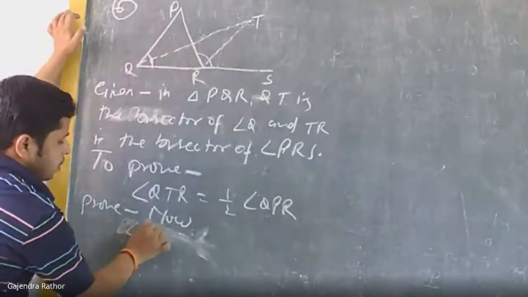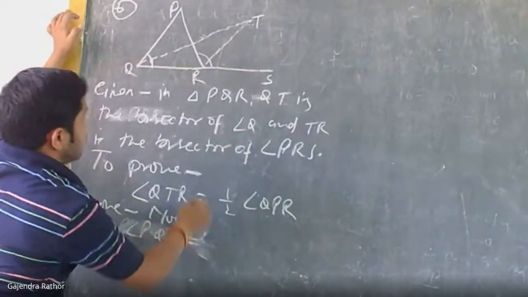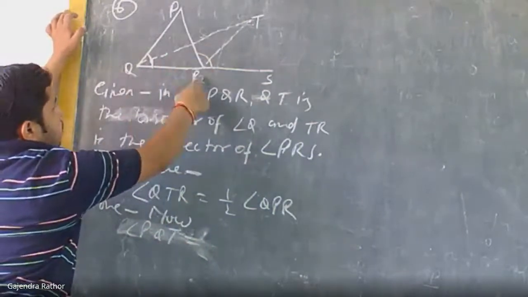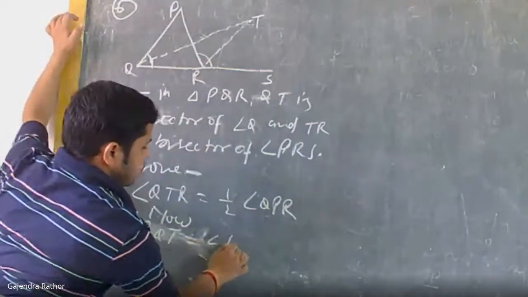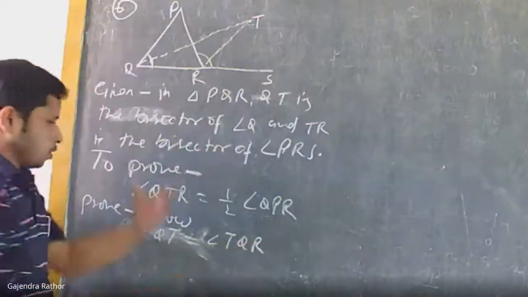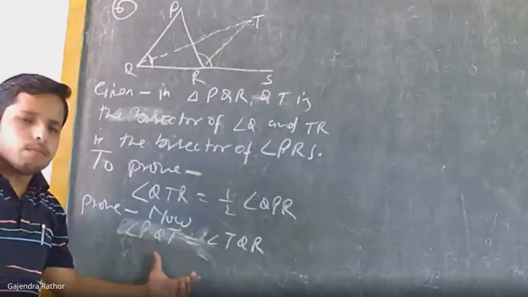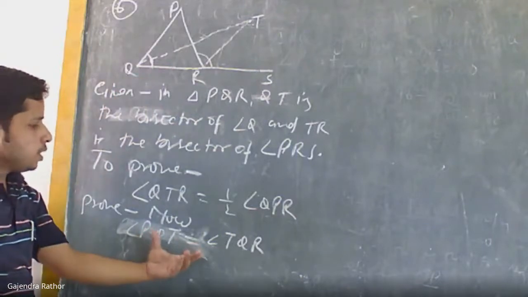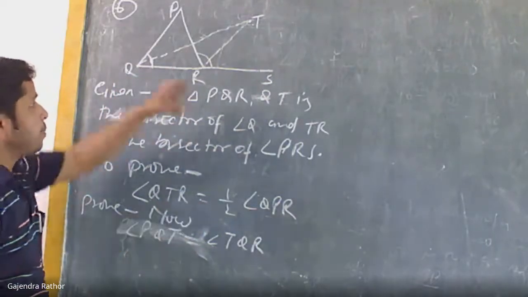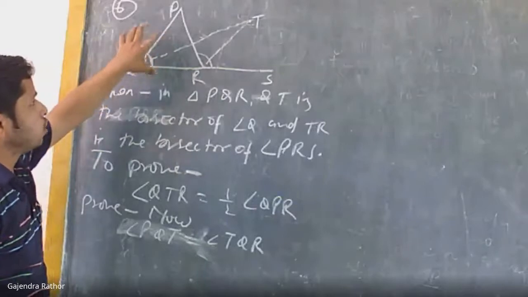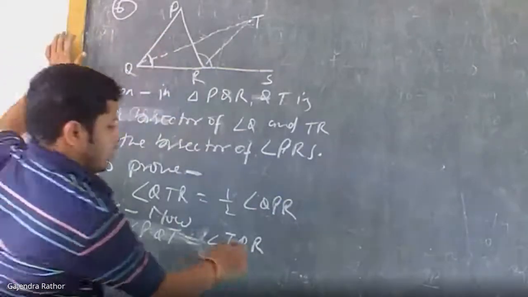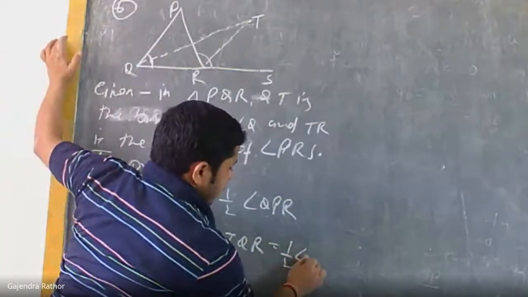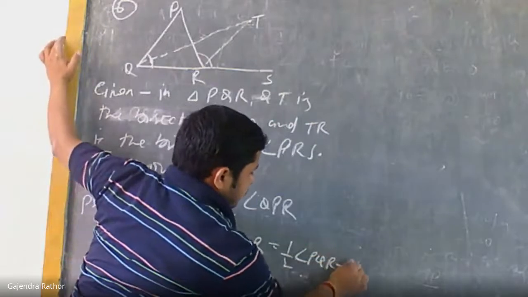Angle PQT is equal to the second part, angle TQR. Both parts are equal because of the bisector, and the value of each angle will be half of the complete angle. So angle PQT is equal to 1 by 2 angle PQR. Equation number 1.